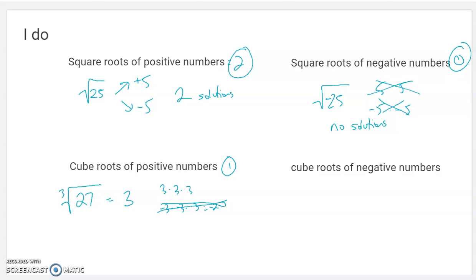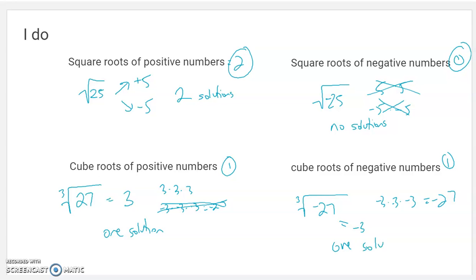So they have one solution. And cube roots of negative numbers: for square roots there are no solutions, but for cube roots you can, because negative 3 times negative 3 times negative 3 is actually negative 27. So the cube root of negative 27 is negative 3. So it has 1 also.